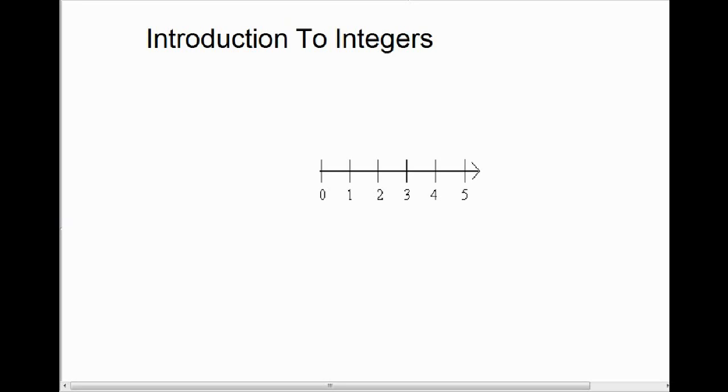Now we have to have a different way of showing the values that are less than 0, because if we move to the left of 0 and called that 1, it could get very confusing because we already have a 1 to the right of 0. So when we have values that are less than 0, as we all know in temperature, we call those negative values. So our number line, when we look to the left of 0, looks like this. So as we can see there, the values to the left of 0 have that little symbol in front of it, what you would normally see as a minus sign.